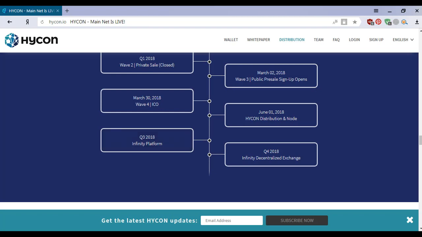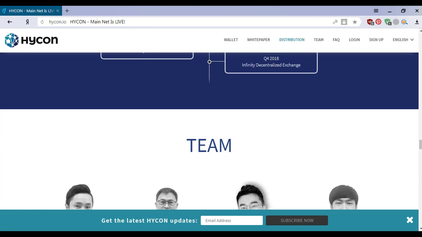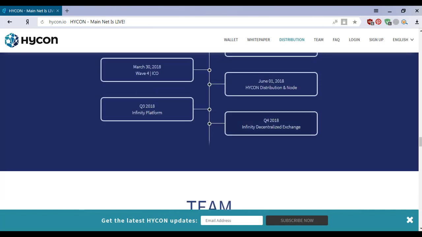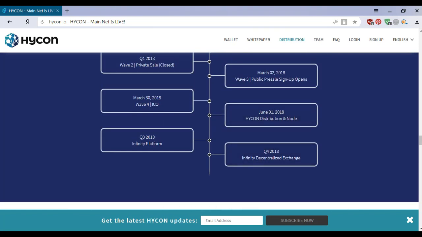As they said earlier, the Infinity platform is already complete. So their roadmap ends in 2018, in the fourth quarter. This is the Infinity Decentralized Exchange.